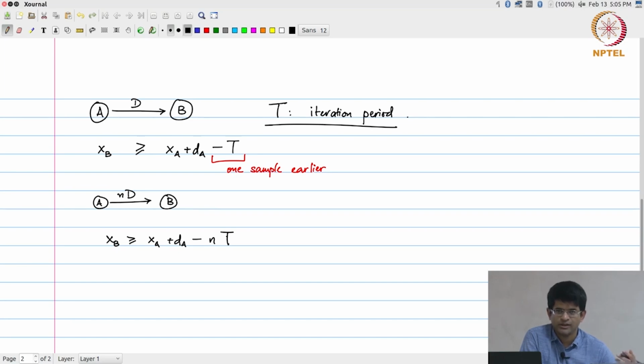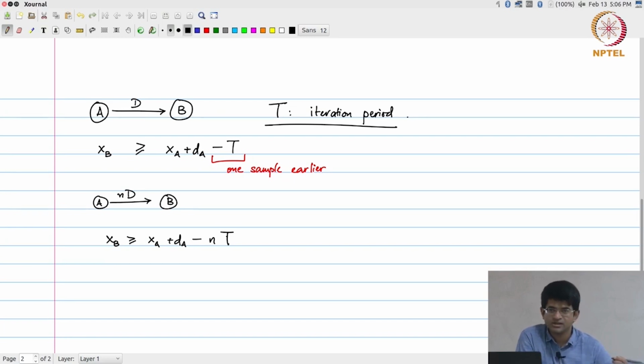Okay. So if you want to find out at what time the previous iteration completed, just subtract t. 2 previous iterations, subtract 2t, n previous iterations, subtract nt. Okay. So in this way we can see that if I have n delays or n tokens sitting on that edge between A and B, the constraint that needs to be satisfied over there is xb is greater than or equal to xa plus dA minus n times t.